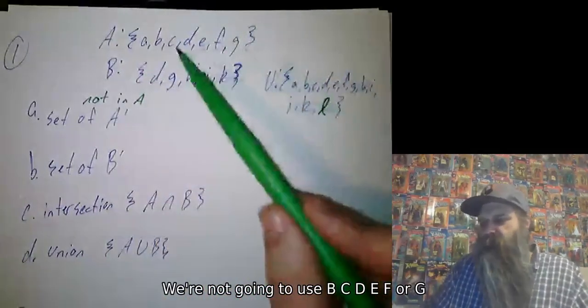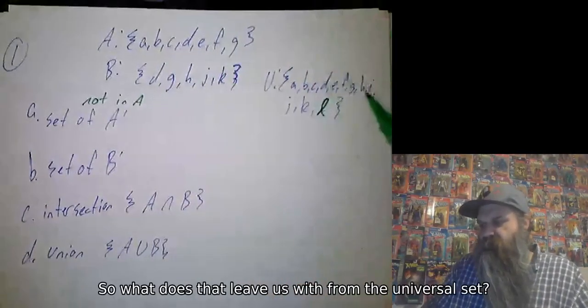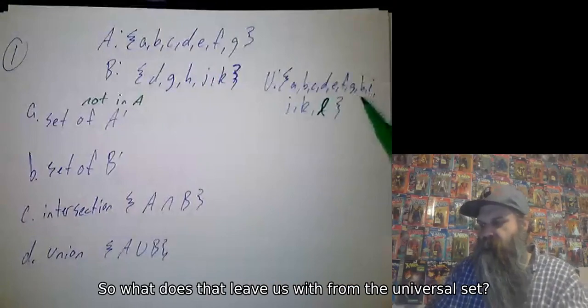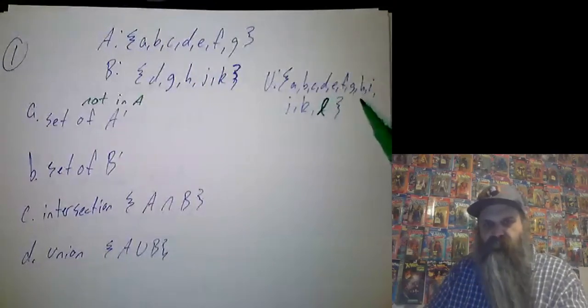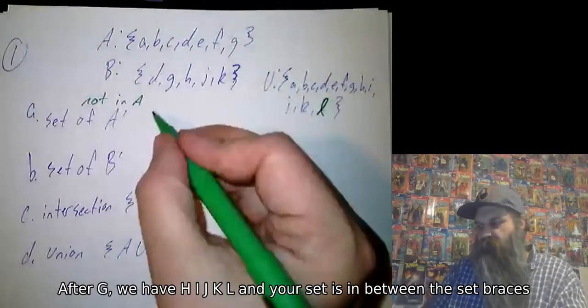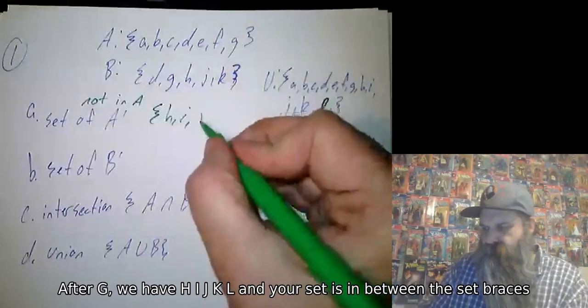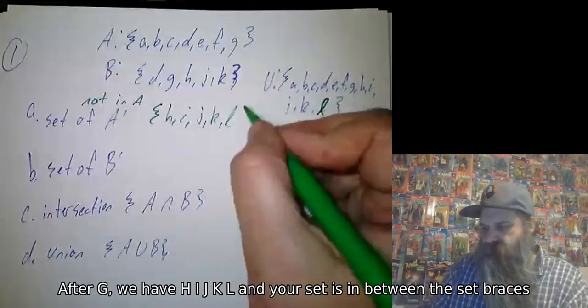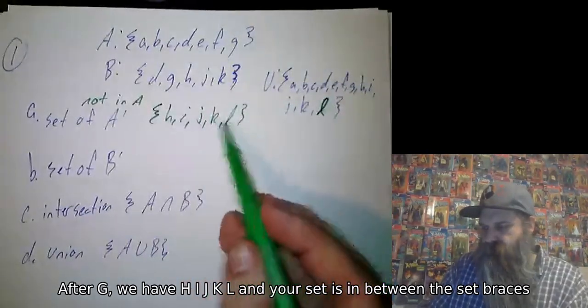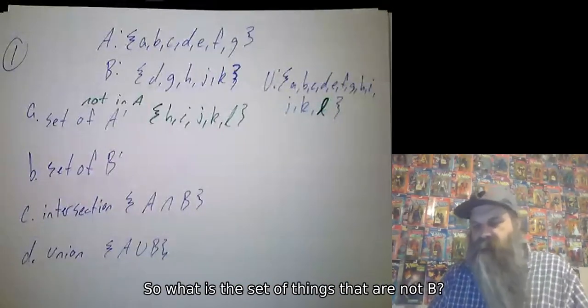So we're not going to use A. We're not going to use B, C, D, E, F, or G. So what does that leave us with from the universal set? After G, we have H, I, J, K, L. And your set is in between the set braces.